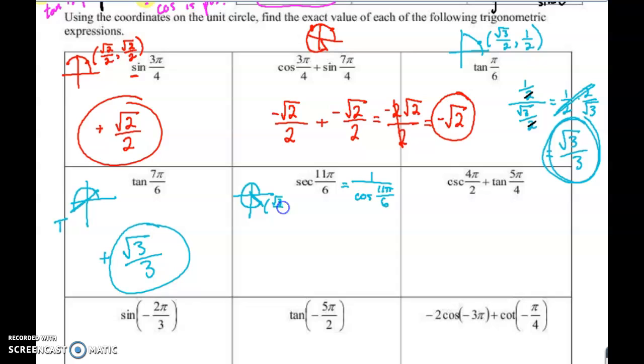Root 3 over 2, 1/2, except we're in the fourth quadrant, so maybe you write out negative 1/2. So the way I think of this is just, okay, well, secant is a reciprocal of cosine, so I want the x-coordinate, but what I need is the reciprocal. So 2 over root 3, just flip it, and then rationalize that denominator, 2 root 3 over 3.